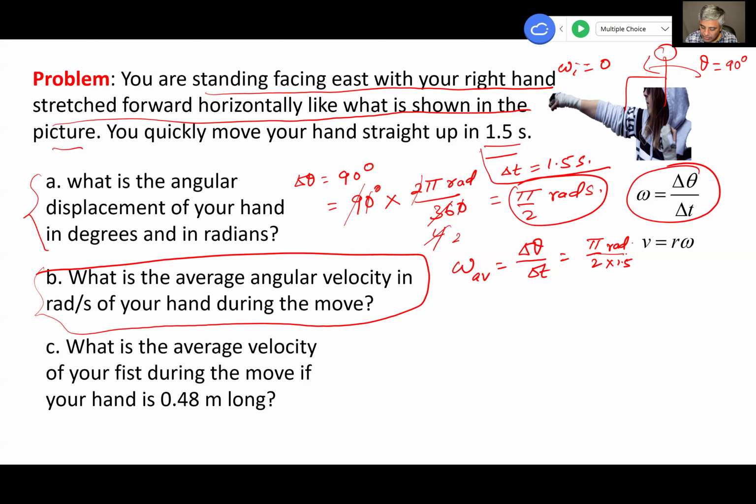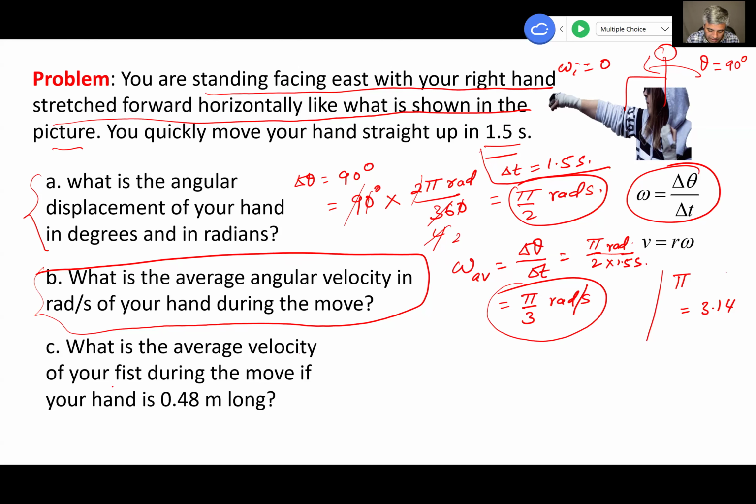It is going to be in the denominator, so I'm writing that. So it is pi over 3 radians per second. And by the way, if you want numbers, pi is 3.14. You can find that in your calculator as well, just in case you need a whole number. So this is going to be slightly more than 1 radian per second.